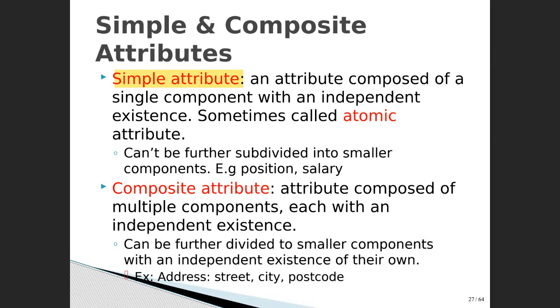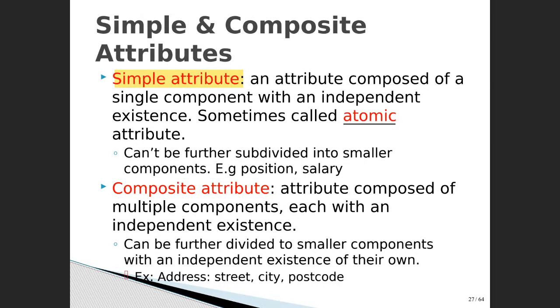It can be, for example, position, as stated here. Position like manager, only one component. It cannot be manager and something else. Job title, same as position, is simple, so it can be known as atomic.